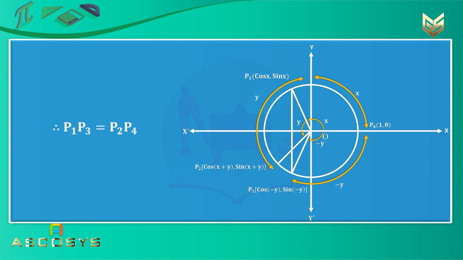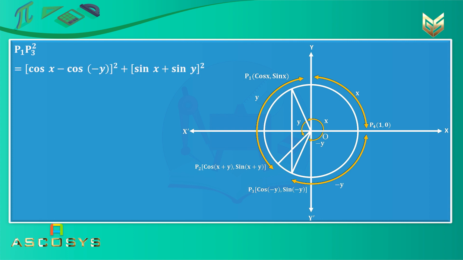To find the distance between P1 and P3, we will use the Euclidean distance formula, and similarly for P2P4 as well. Using the Euclidean distance formula, we can write P1P3 squared is equal to (cos x minus cos of minus y) whole squared plus (sin x plus sin y) whole squared.